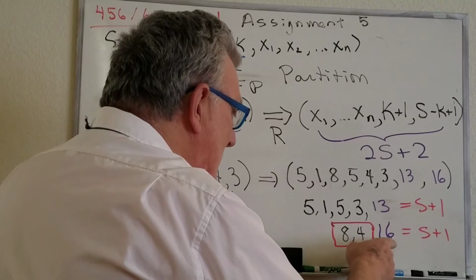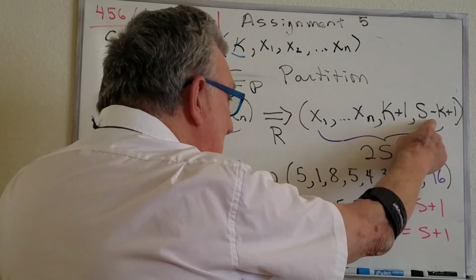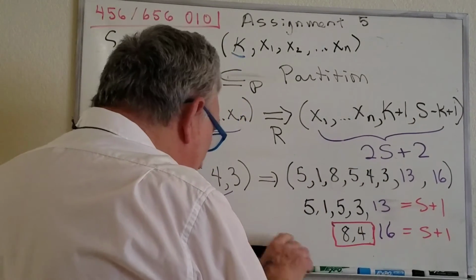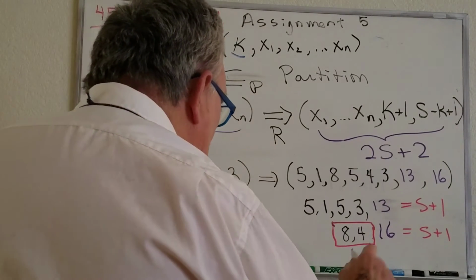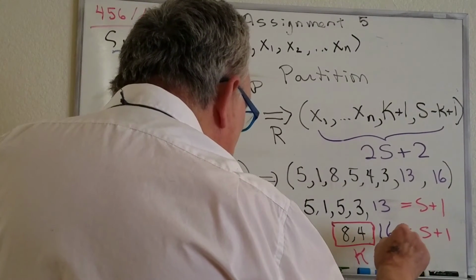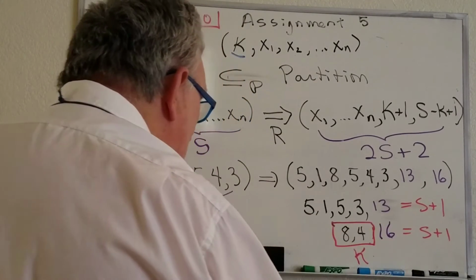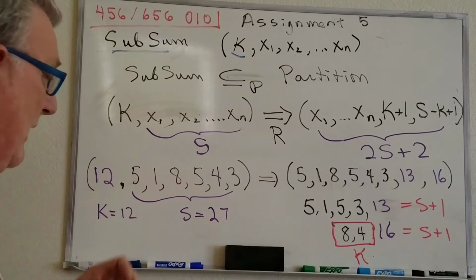So therefore, one of the two sets contains the last element, which is s minus k plus 1. That means that the remaining elements over here must add up to k, because this one is s minus k plus 1, so what's left over has to be k, and therefore that gives us the subset here that adds up to k.